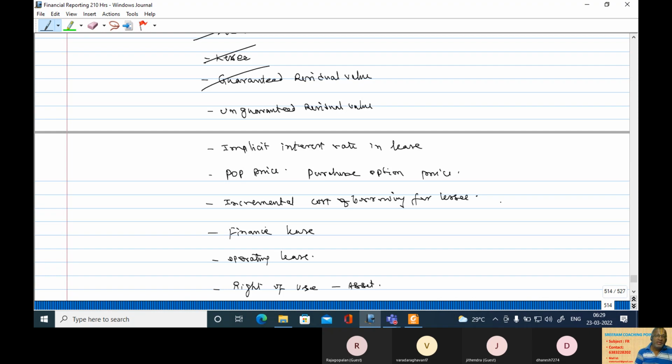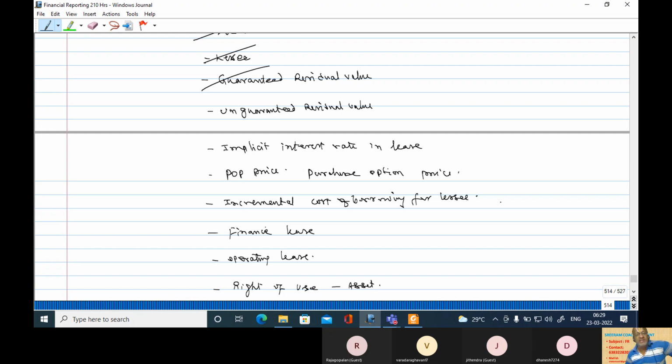So when the purchase option price is sufficiently lower than the expected fair value at the end of the lease term, we will consider that the lessee will exercise the option, thereby categorizing the lease as a finance lease from the viewpoint of the lessor.